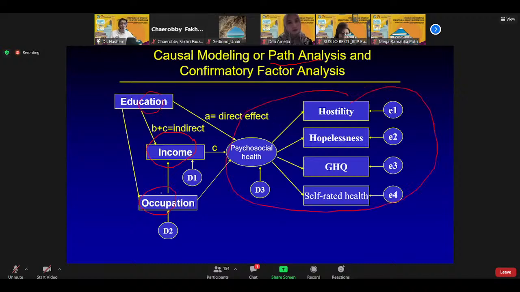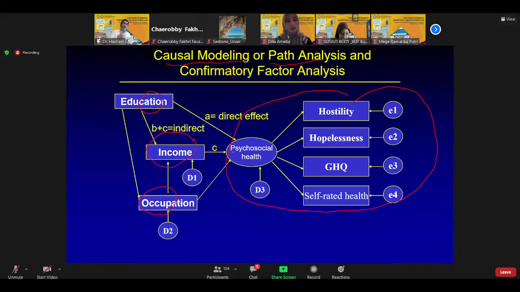You see 1, 2, 3 measurement variables, and one latent variable which has 4 measurement variables. There is a path. You see, there is a direction here. So that's why it's called path analysis or causal modeling. You can see education goes to psychological health, or education goes to income, goes to the psychological health. So that's the new definition, a path analysis.